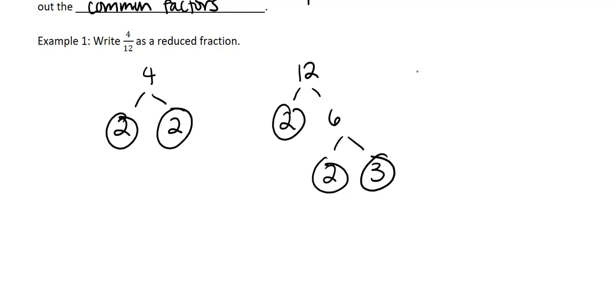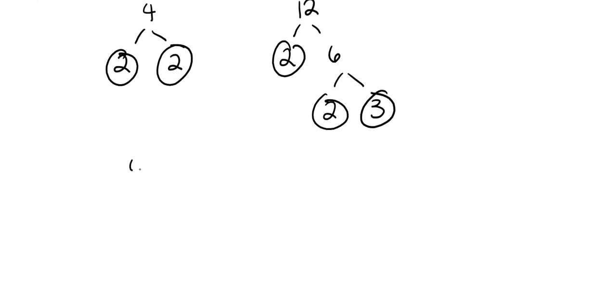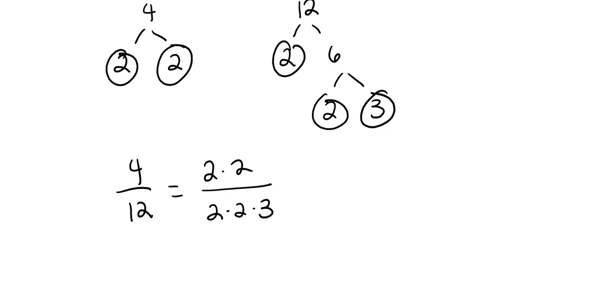So if we have 4 out of 12, which can be broken down into its prime factorization, what we do is we divide out the common factors, or we can just cancel them out like this. So when we have 2 over 2, that's just equal to 1.